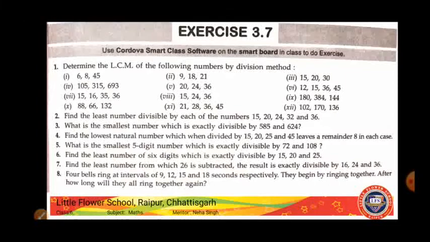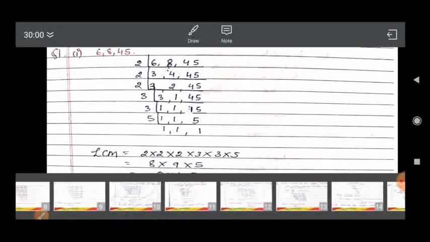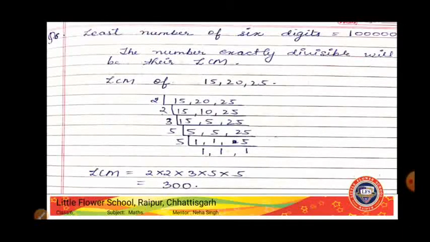Let us see how we are going to solve this, right? The sixth question. The least number of 6 digits we know is 1 and 5 zeros, which means it is 1 lakh, so we will write it as 1 lakh.